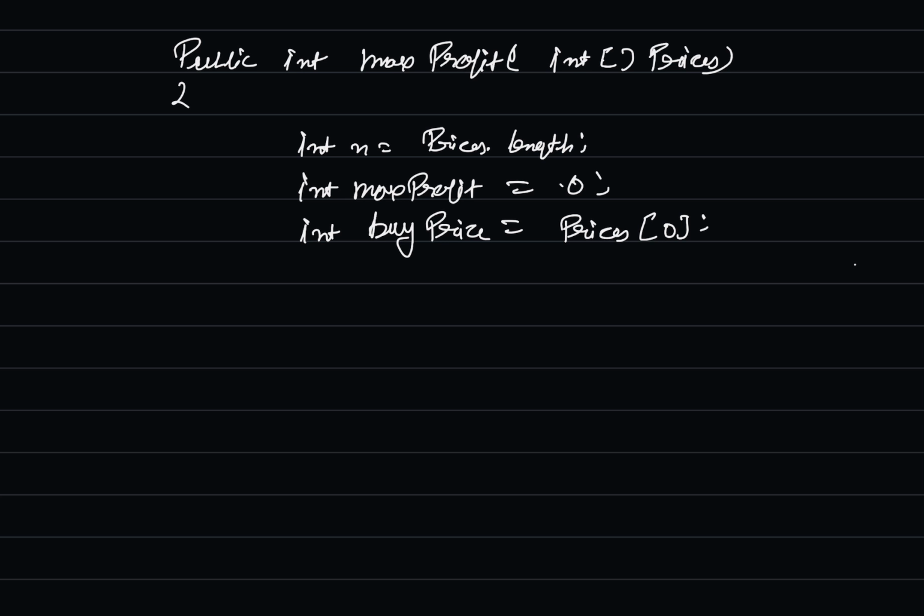Okay, so I have just declared the variables. Now I run a loop: for int i is equal to 1. I am starting the loop from i equal to 1 because the first day price I stored in this variable, so that's why I start the loop from the next index. So i equal to 1, i less than n, i plus plus.